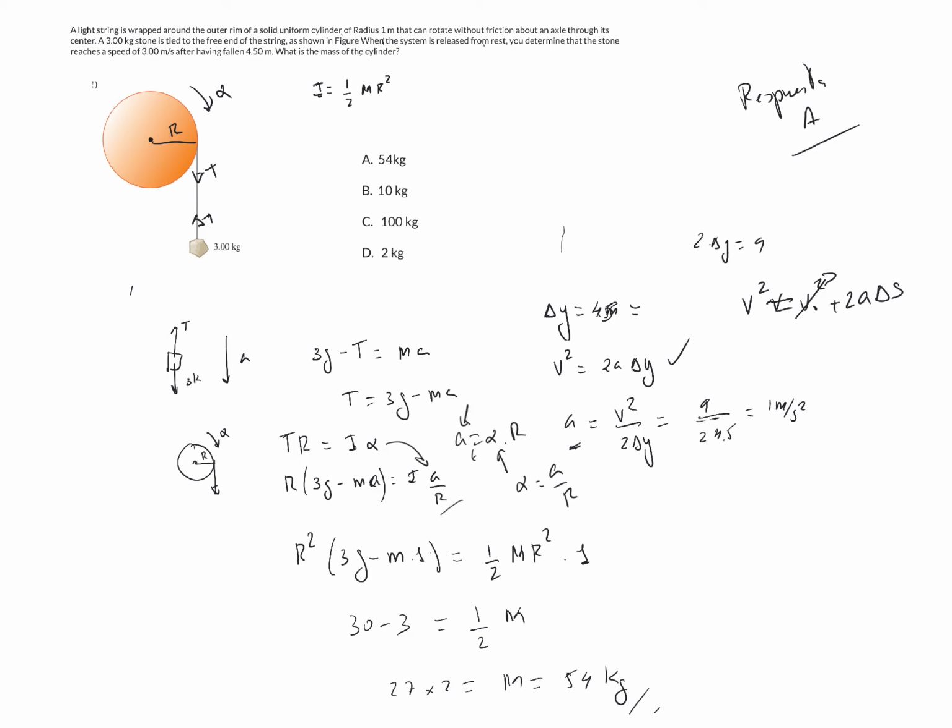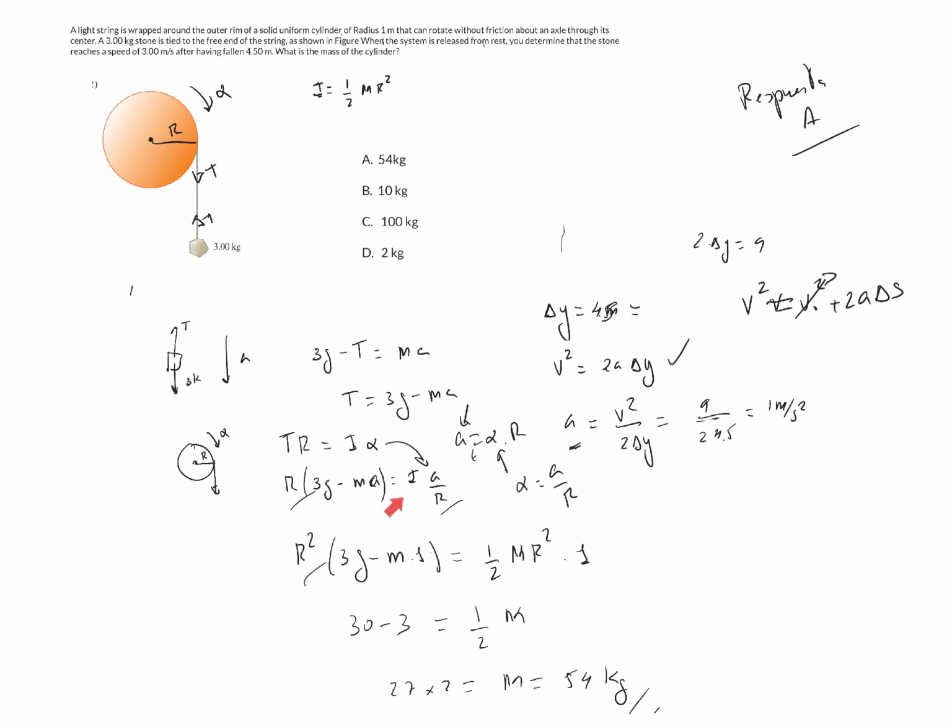So this R multiplied by this R is R squared, times 3g minus m times a, where a is 1 meter per second squared, equals I, which is 1/2 the mass times the radius squared, that is the moment of inertia, multiplied by a.